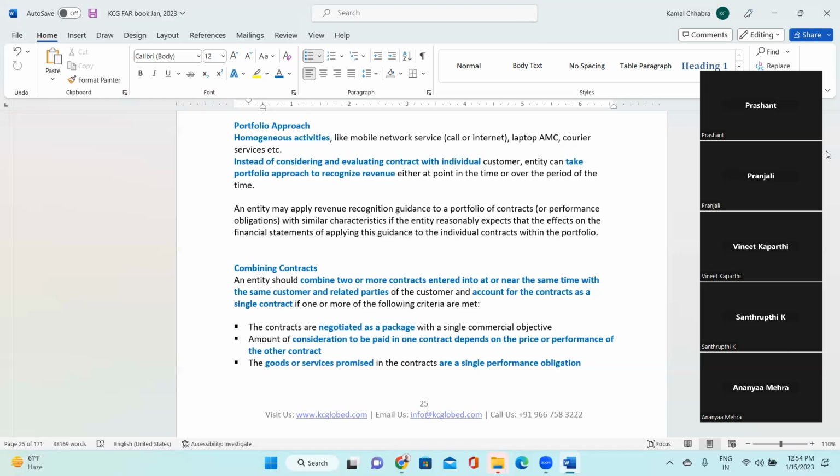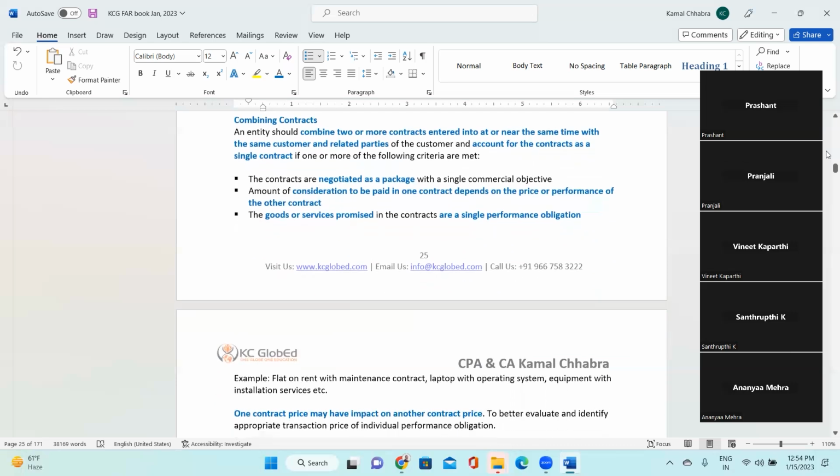Thinking so. Okay, so let's jump into the next topic, which is called combining contracts. Combining contracts are those contracts entered into at or near the same time with the same customer or related party of the customer, which you can account for as a single contract if one or more of the following criteria are met.